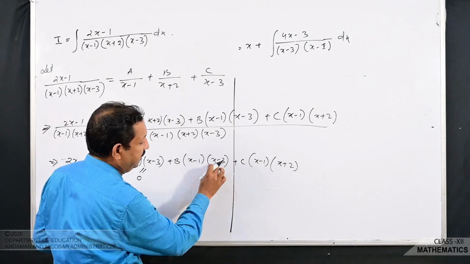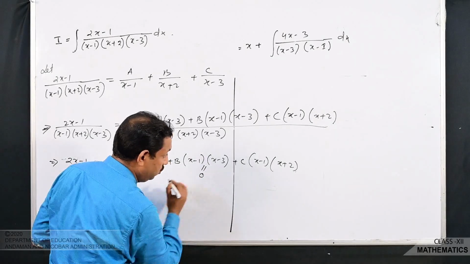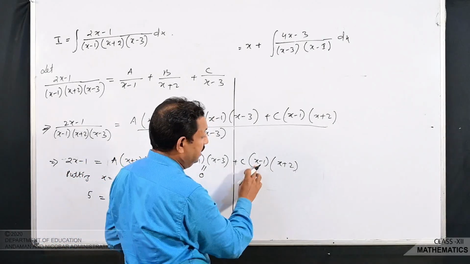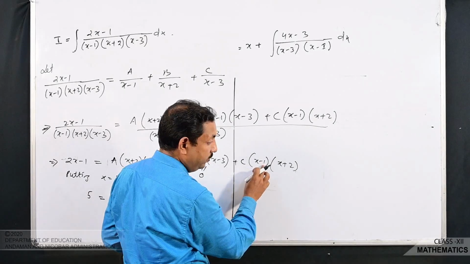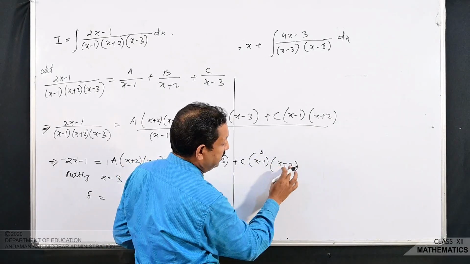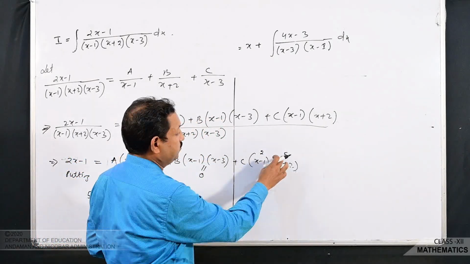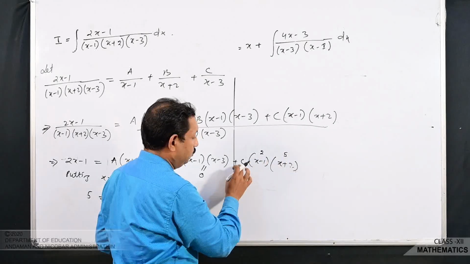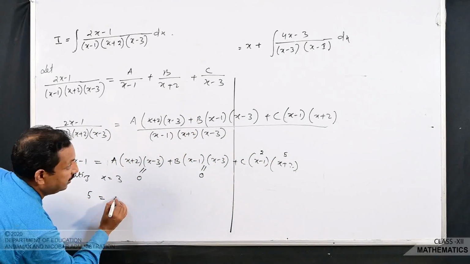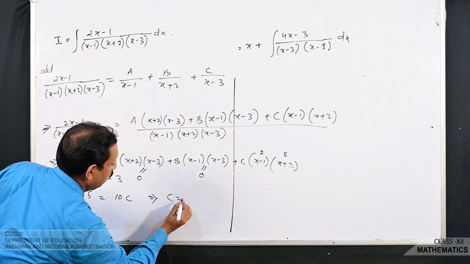This term x minus 3 is also here, so that becomes 0, and here 3 minus 1 is 2, and here 3 plus 2 is 5. So 5 twos are 10, so you must have 10C, that means your value of C is 1 by 2.